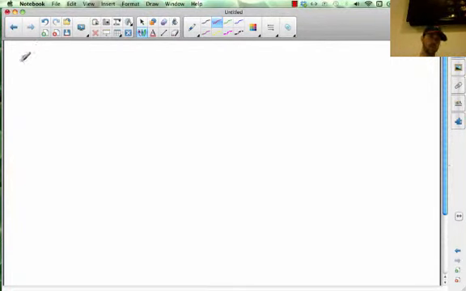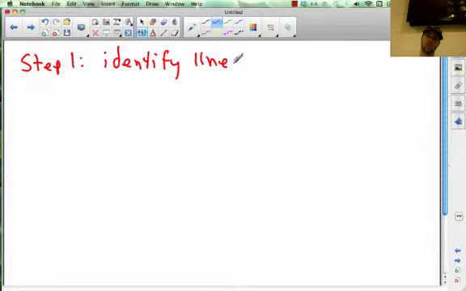So, if you're a person who likes algorithms, let's go through these steps. Step 1, identify the linear term. So, the linear term is the one that's just in front of the x, not the x squared, that's the quadratic term.